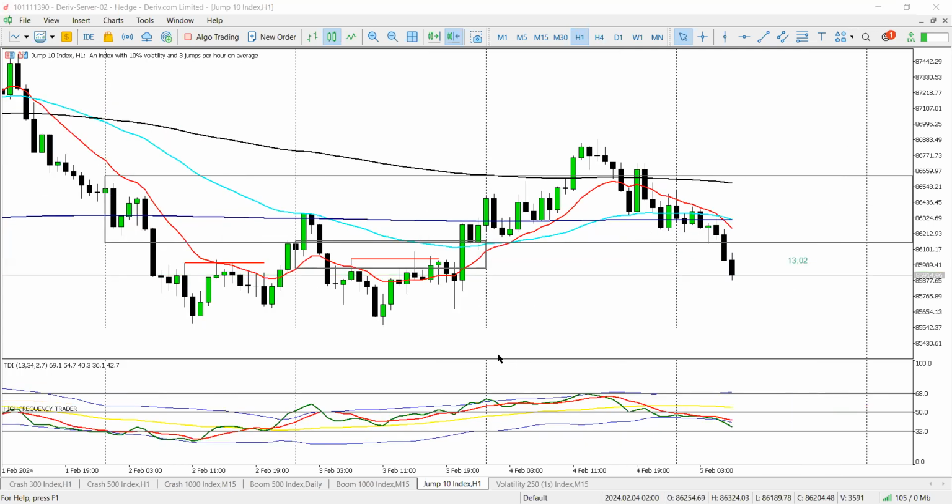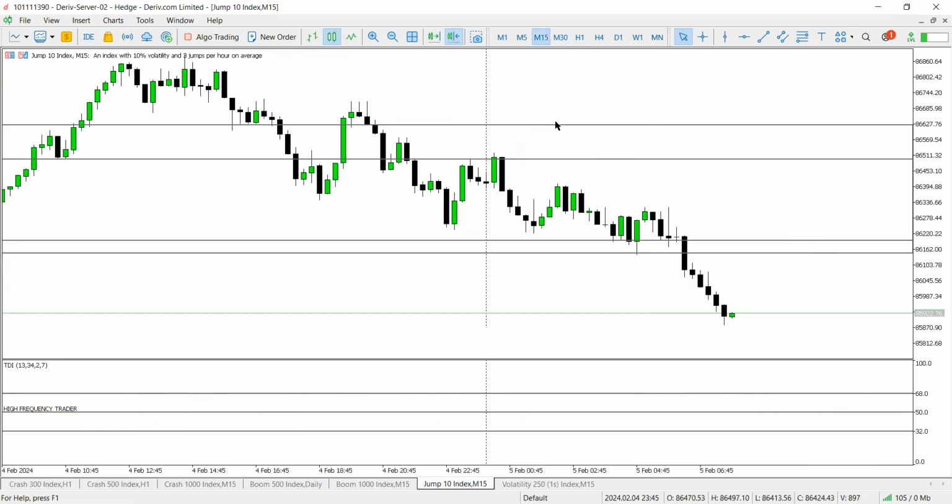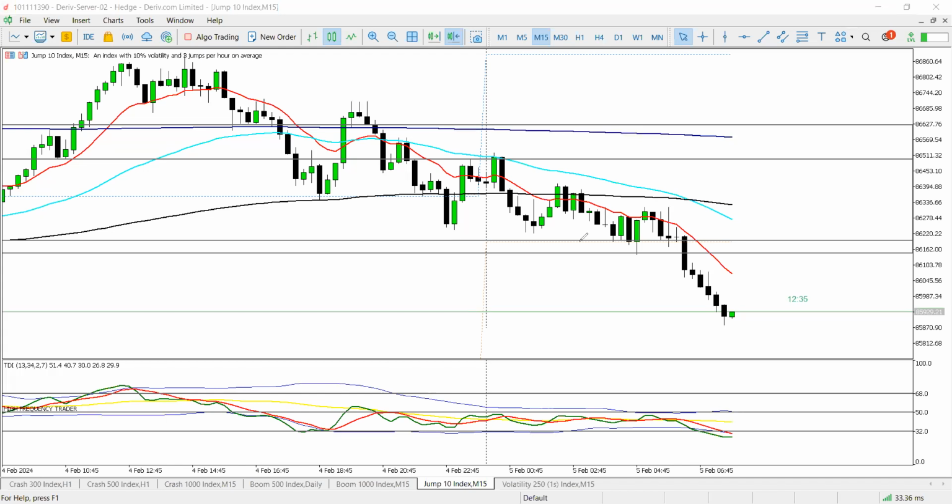Today, bearish view. Where can I sell from? Let me see if I've got any zone I can use from H4. I've got this zone here. If price retraces into this area, you can see this was the low from yesterday.